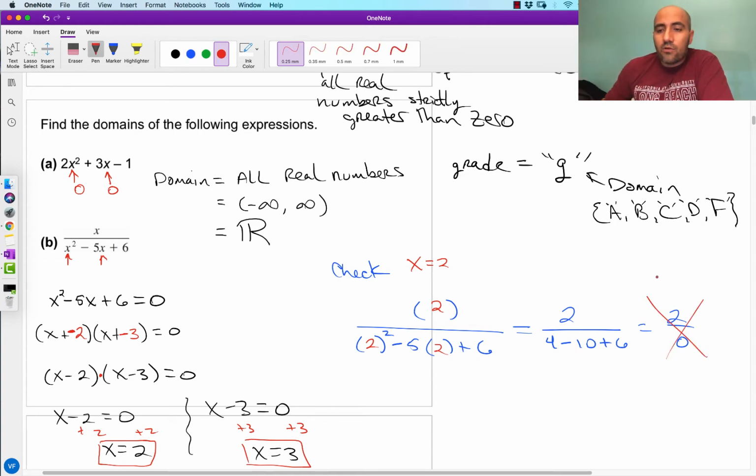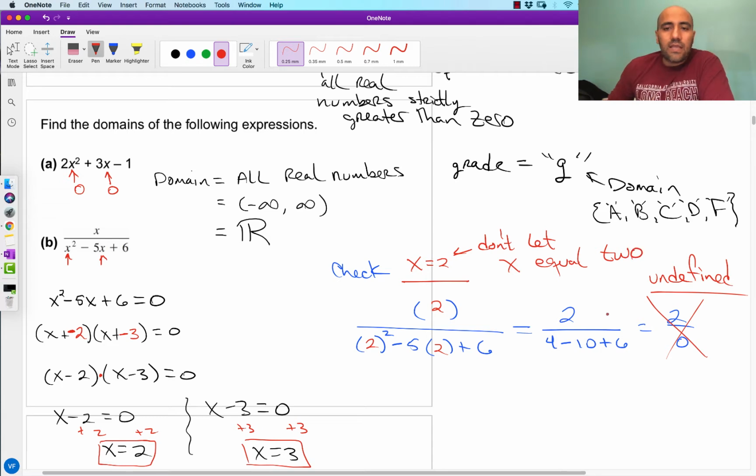This is not allowed. Undefined. So we know we cannot let x equal 2. Don't let x equal 2. That's the lesson we learned.